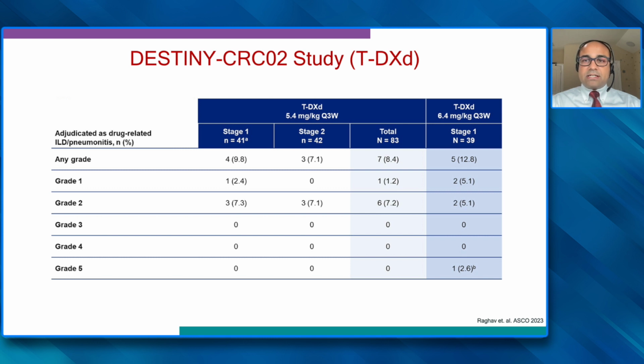And you can see that with the 6.4 milligram per kg dose, that prevalence was about 12% compared to 8% for the 5.4 milligram per kg dose. And also in the 5.4 milligram per kg dose, there were no grade 3 or greater events seen, making 5.4 milligram per kg the preferred regimen for single agent trastuzumab deruxtecan in metastatic colorectal cancer.